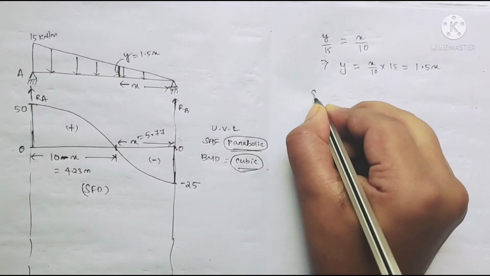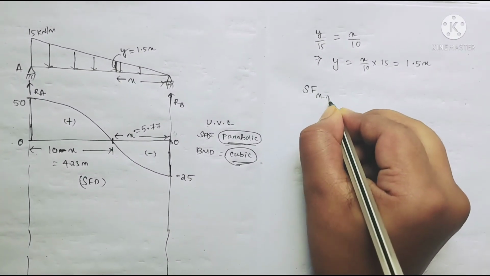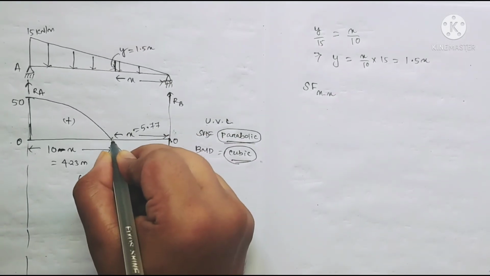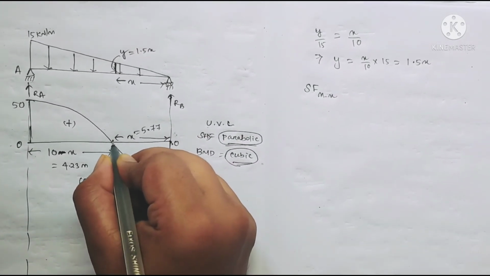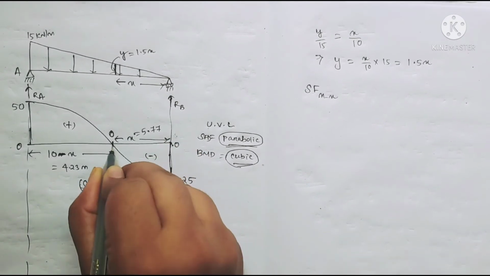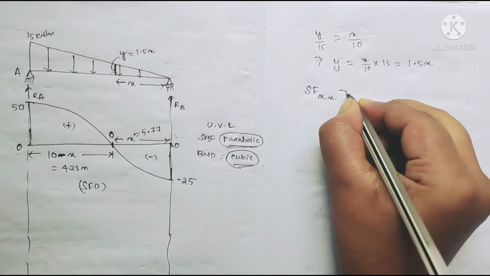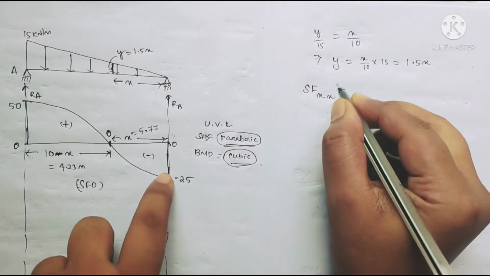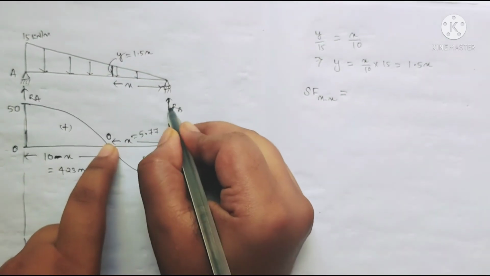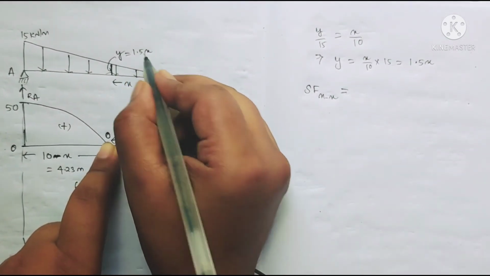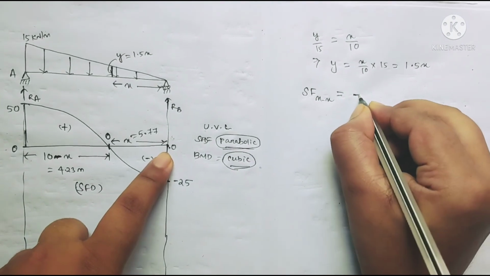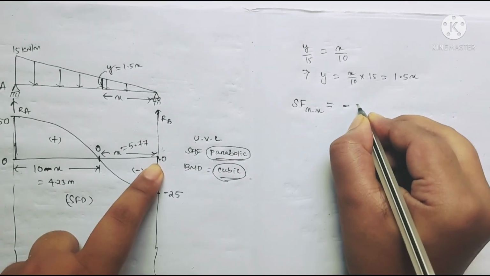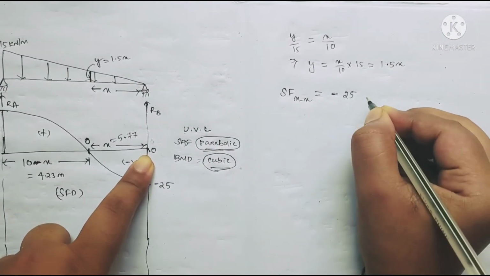Now calculate the shear force at the section where shear force will be 0. Shear force at that section equals the force RB, which gives an anti-clockwise moment, so it will be negative: minus 25.